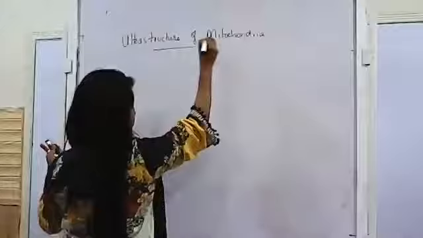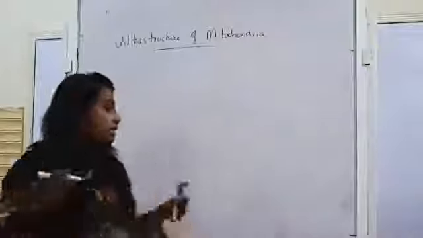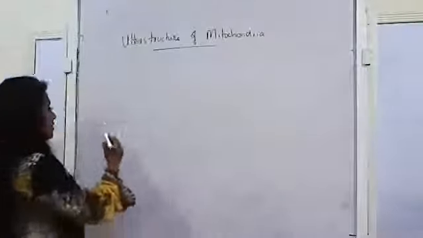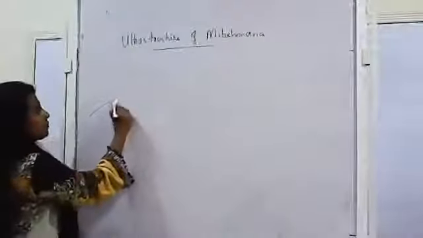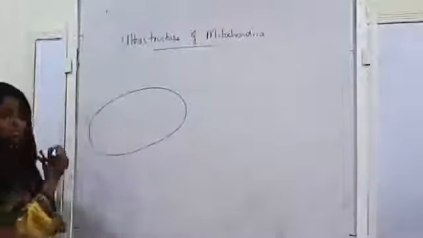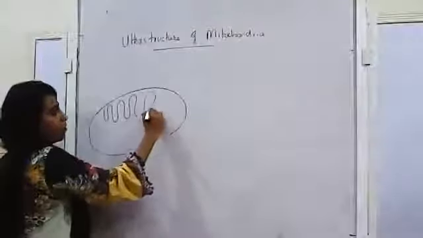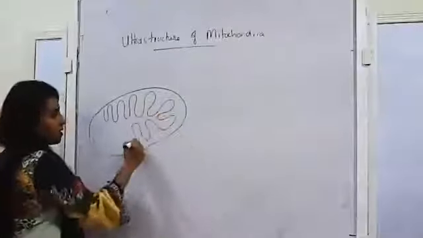It is a two-membrane structure, wrapped up by two membranes, right? The outer membrane is smooth, just like this, whereas we studied that the inner membrane is folded. It forms infoldings, right?